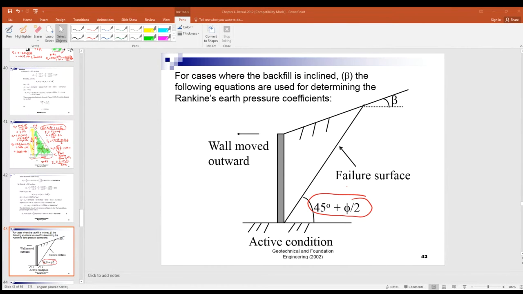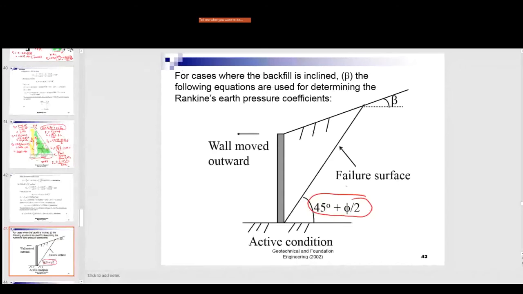For the angle of the failure surface, is that okay for you? No?